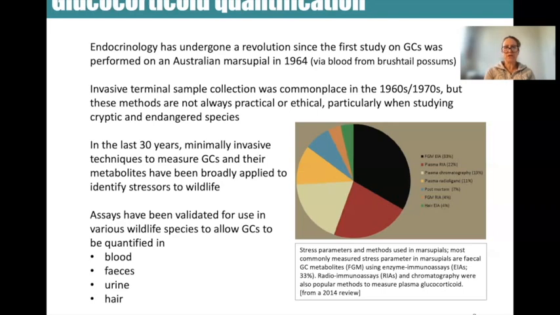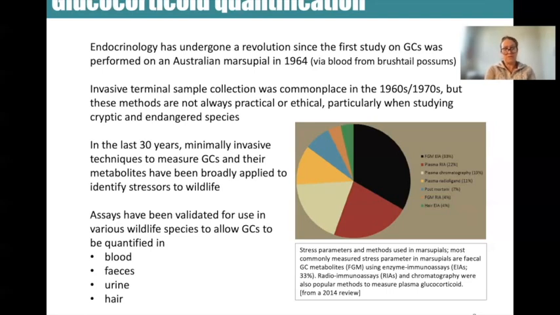So over the last 30 years, minimally invasive techniques have been used to measure glucocorticoids and their metabolites. And these methods have been broadly applied to identify stresses to wildlife. Assays have been validated for use in different wildlife species to allow glucocorticoids to be quantified in blood.